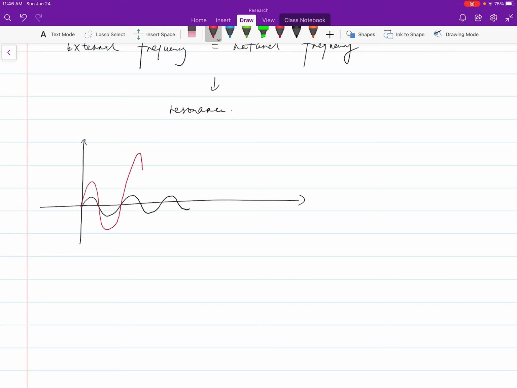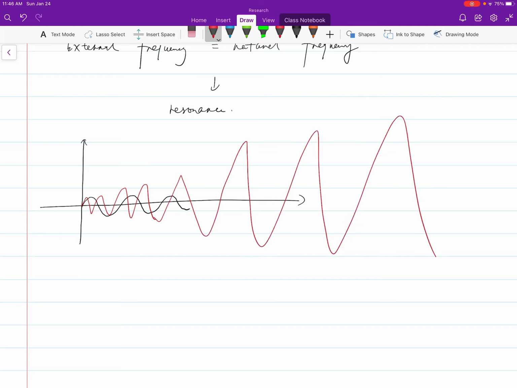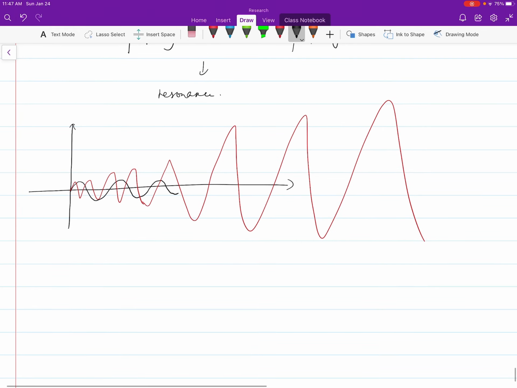Same frequency, but keeps amplified as you move on. Forget about how I draw it. It's just going to be something shaking, and as time goes by, it vibrates more and more severely. That's what's scary in real life. That is what we have for resonance.